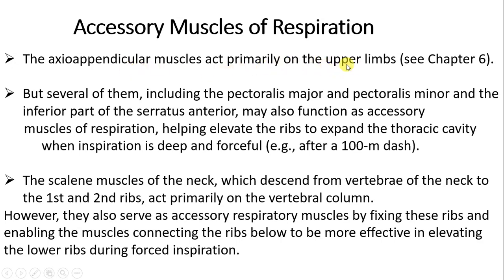Primarily they are muscles of the upper limb, but several of them, such as pec major, pec minor and serratus anterior, may act as accessory muscles of respiration, helping elevate the rib cage to expand the thoracic cavity during deep, forceful inspiration.